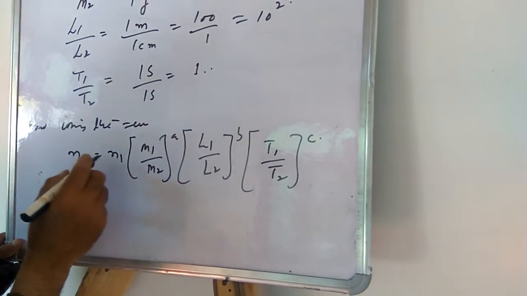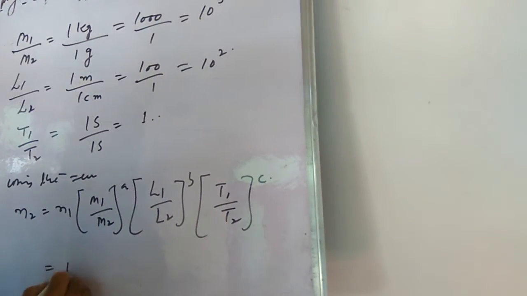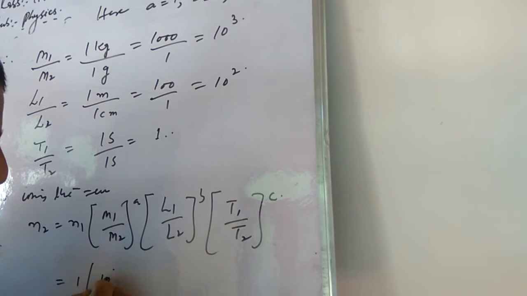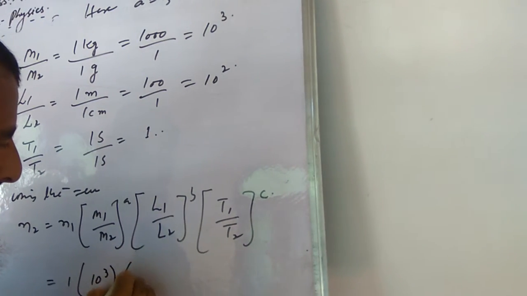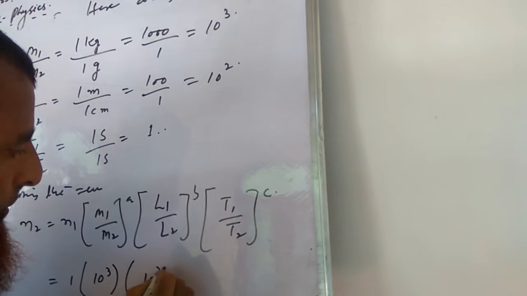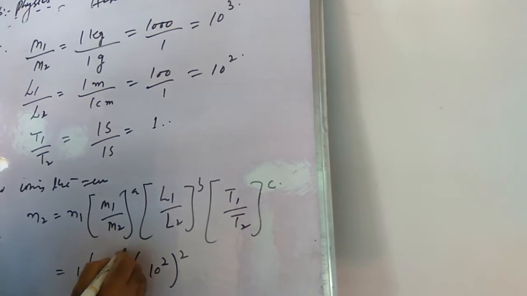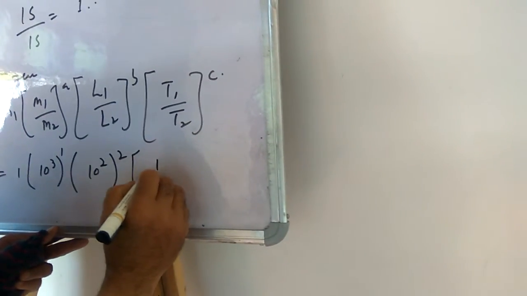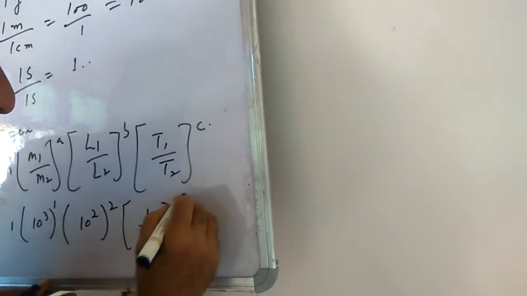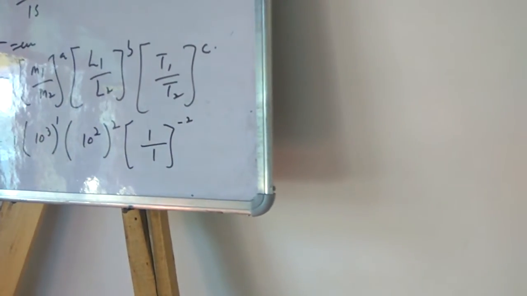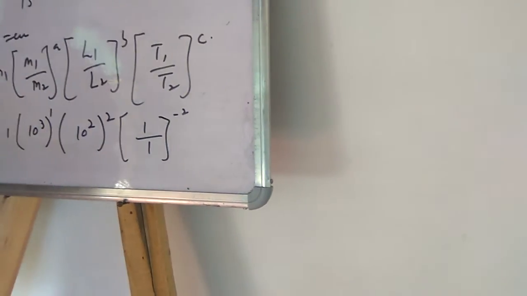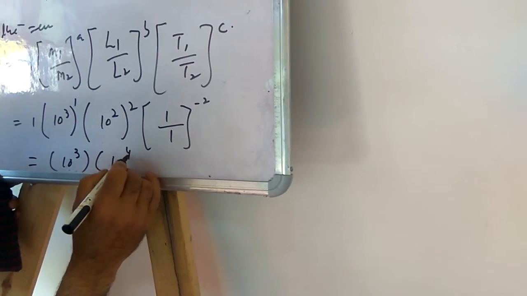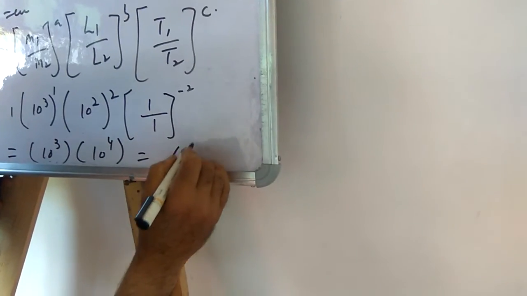Now we substitute the values. n1 is 1, M1/M2 is 10^3, L1/L2 is 10^2 all raised to 2, because a is 1, b is 2 and c is minus 2, and T1/T2 is 1 divided by 1 raised to the power minus 2. So it becomes 10^3 into 10^4, which is 10^7.